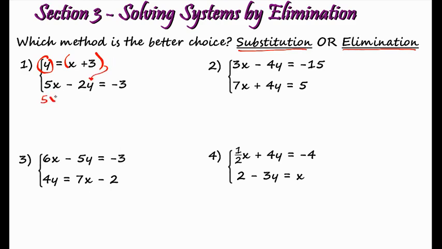So that would give us 5x minus 2 times x plus 3 equals -3. And you would move on from here. So this is substitution. I will let you finish solving that. And the answer is 1, 4.